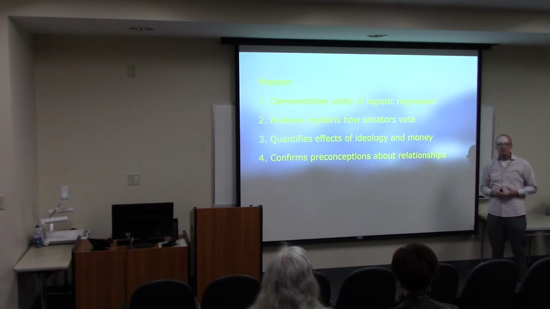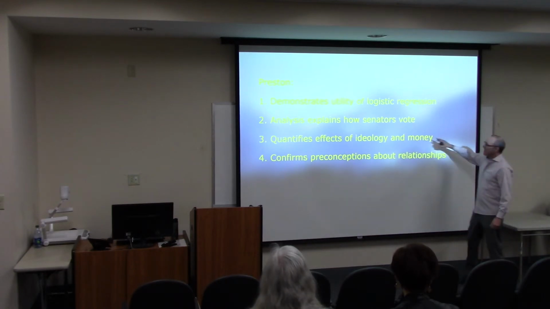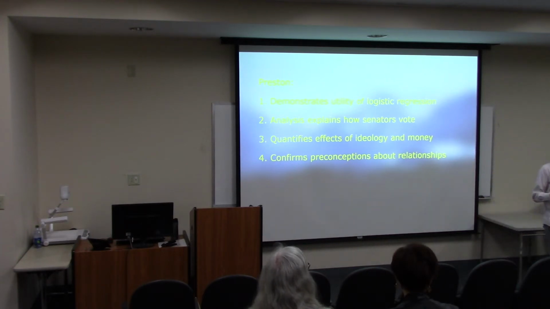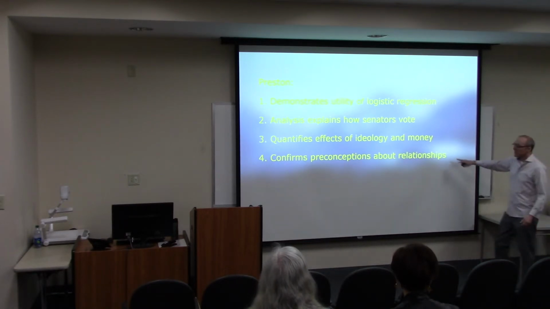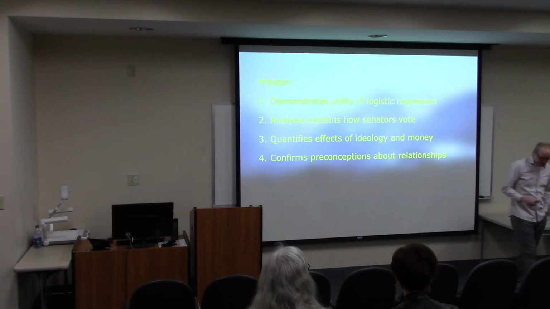So I was really impressed by my student to have the fortitude to continue on. The analysis explains how senators vote, and it quantifies the effects of ideology, whether you're a Republican or Democrat, on how you would vote, as well as how money affects how you vote. And the best part about this is that it confirms preconceptions that we have about positions.